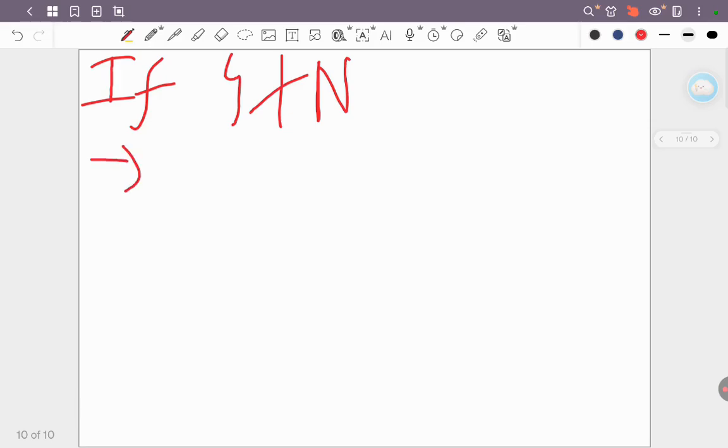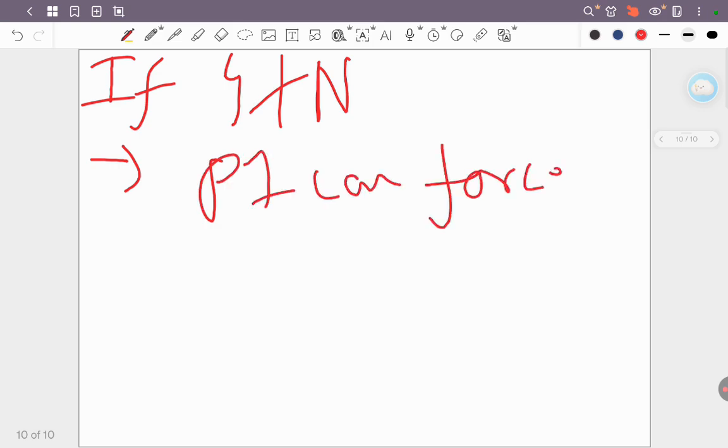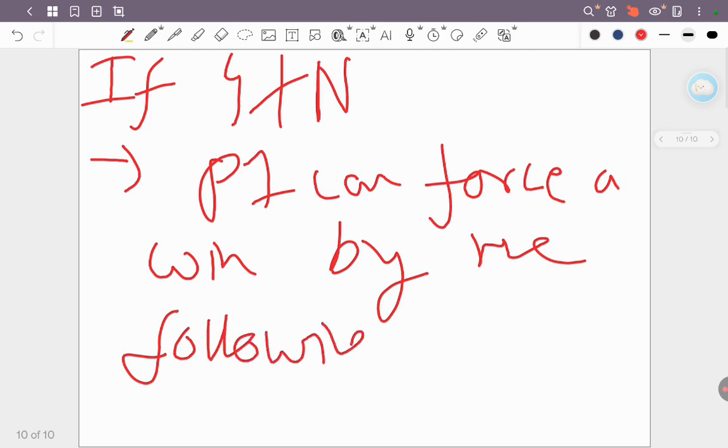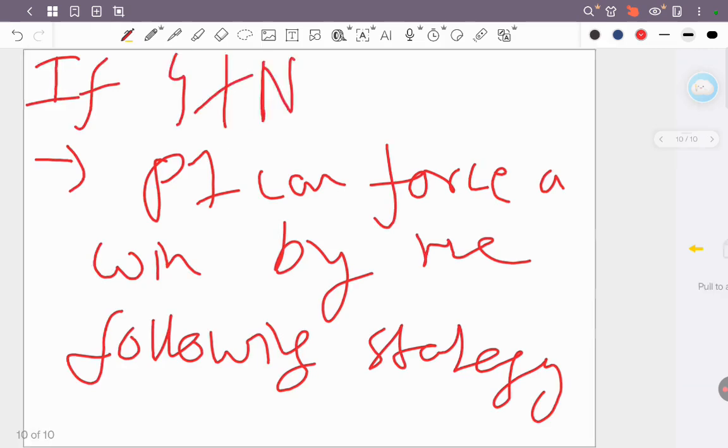We see that just player 1 can force a win. Now how can he? Let us see by the following strategy.